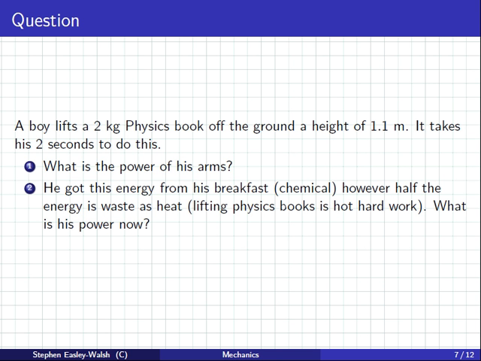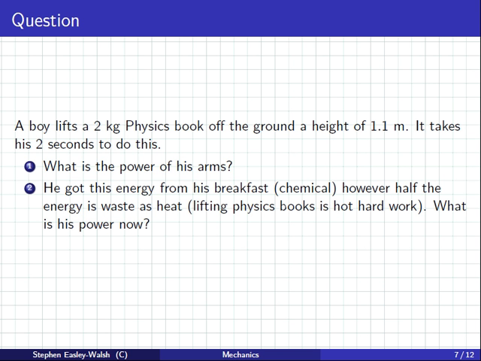Tell me what you get. What is it? So about 11, roughly, what's the unit?